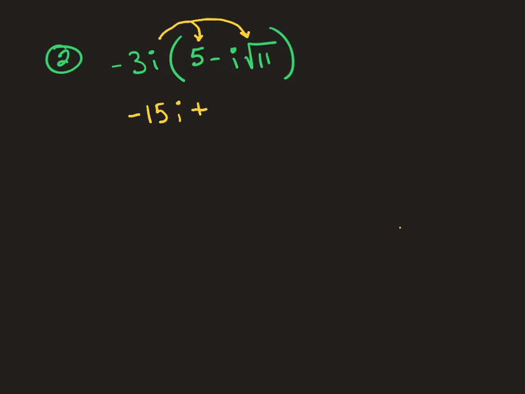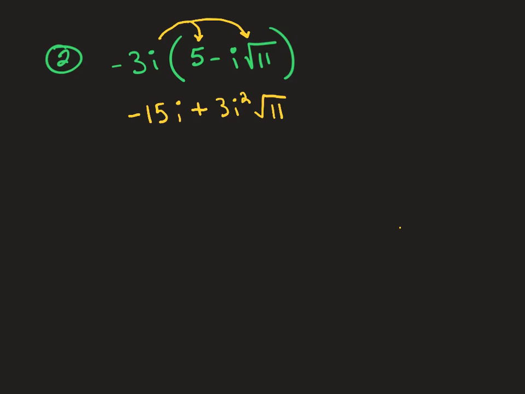That's going to be positive since you've got a negative times a negative. And you've got 3i squared, i times i, and then tack that square root of 11 on there. Again, not multiplying the 3 and the 11 because the 3 is not a square root. If you've got a square root times a square root, you'll actually multiply those numbers underneath. But here we're not doing that.